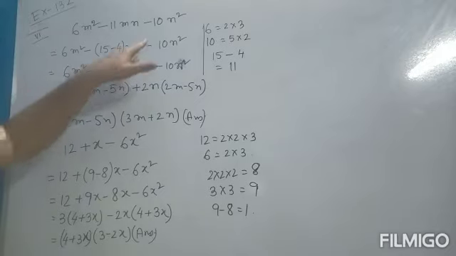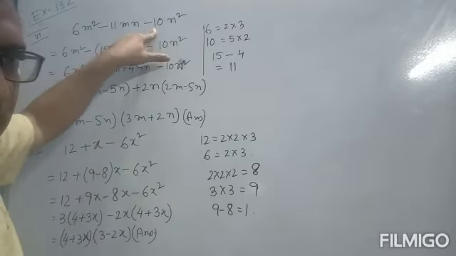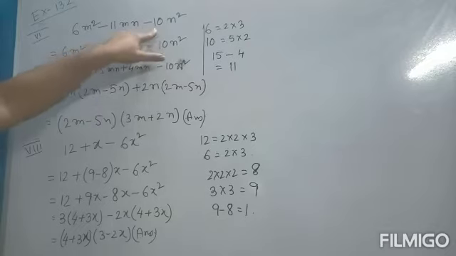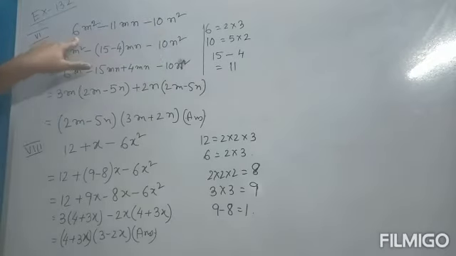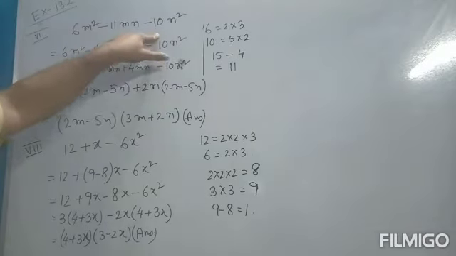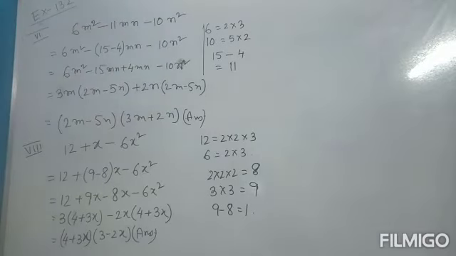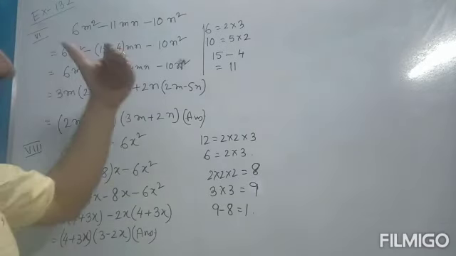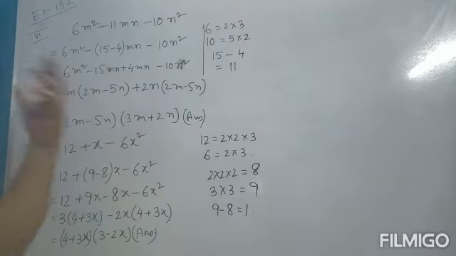Now in front of n square the coefficient has a negative sign, and in front of m square this is plus 6. This is plus 6, this is minus 10. So we have to make 11 using the factors of 6 and 10 and subtracting these factors.